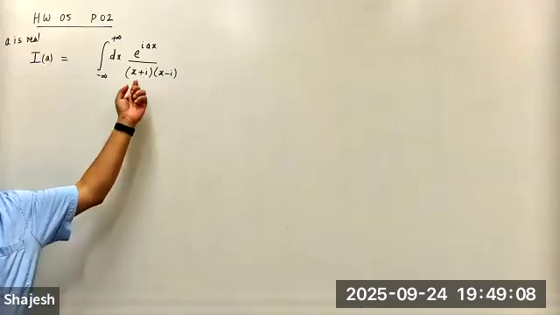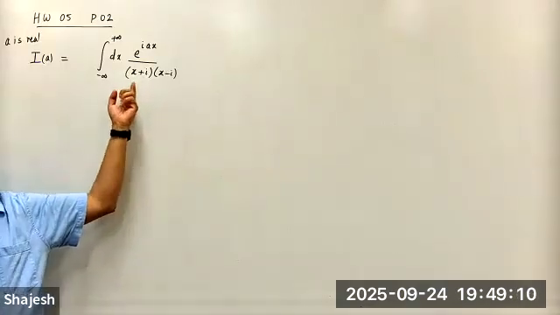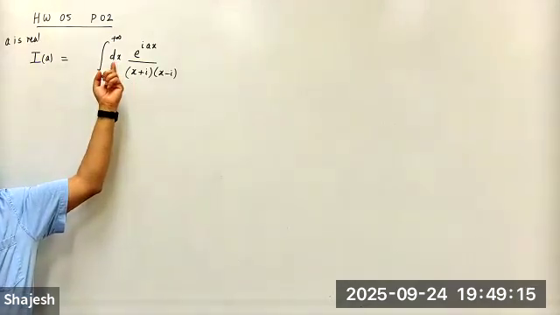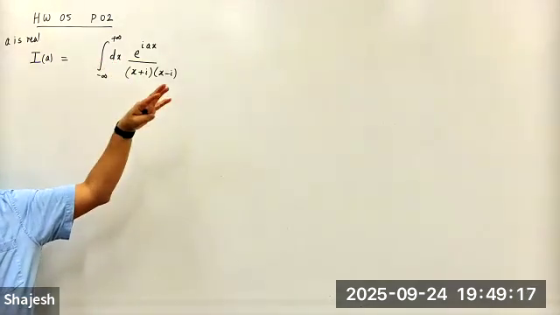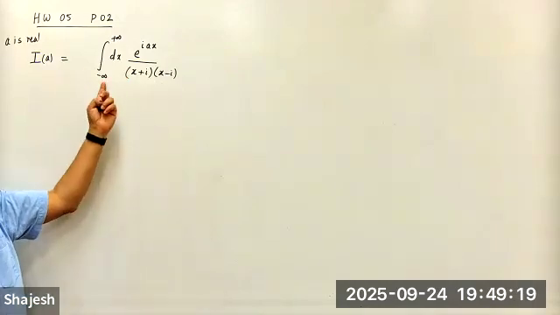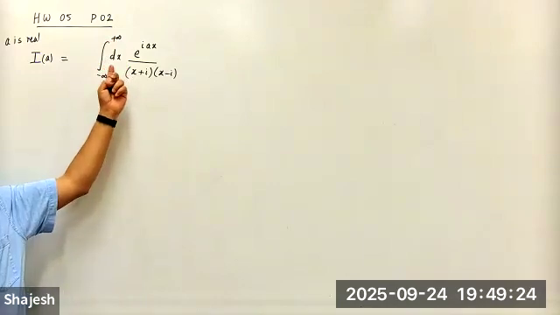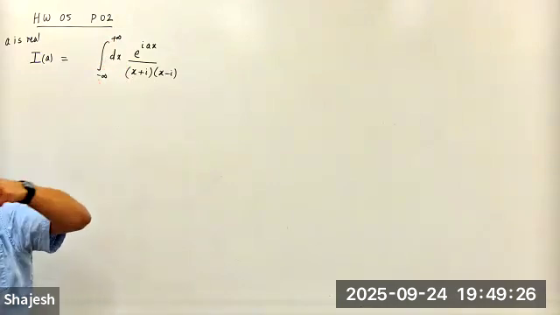Notice the difference that in the previous question, the integral was on a contour. It was on a complex plane. Here it's going from minus infinity to plus infinity, that means x is real. So this is on a real line.